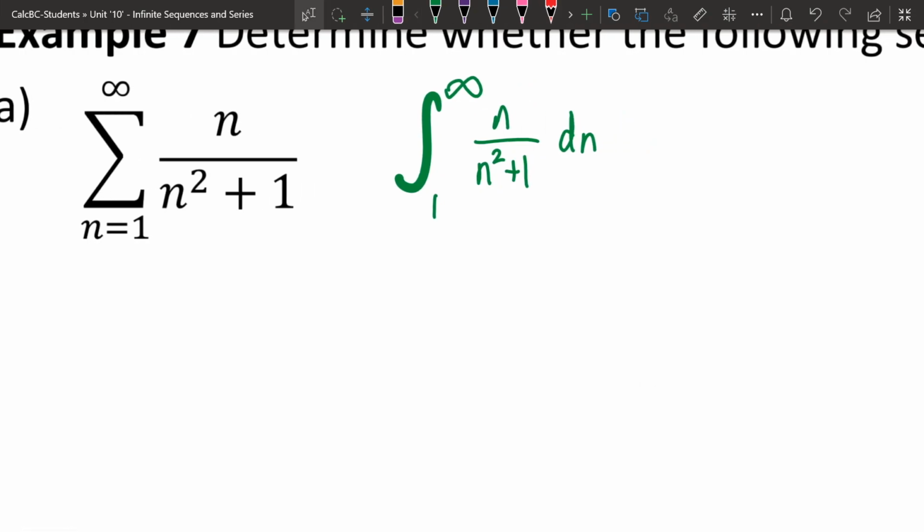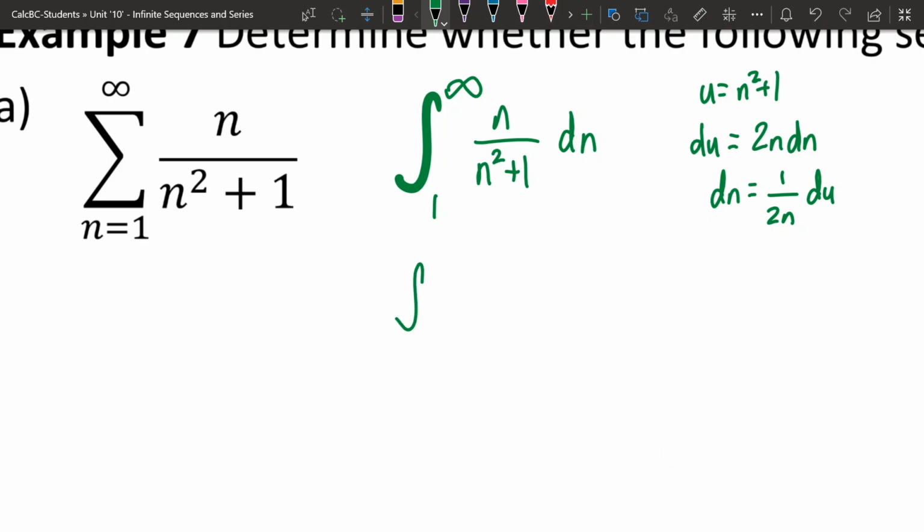So if we do some u substitution using u equals n squared plus 1, all right, solve for dn. Subbing in, we get our integral from 1 to infinity of n over u. And then dn is the same thing as 1 over 2n du.